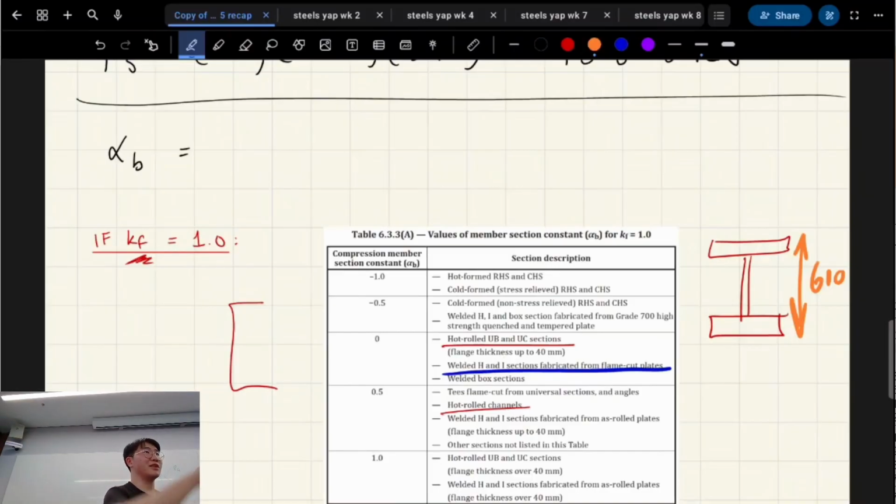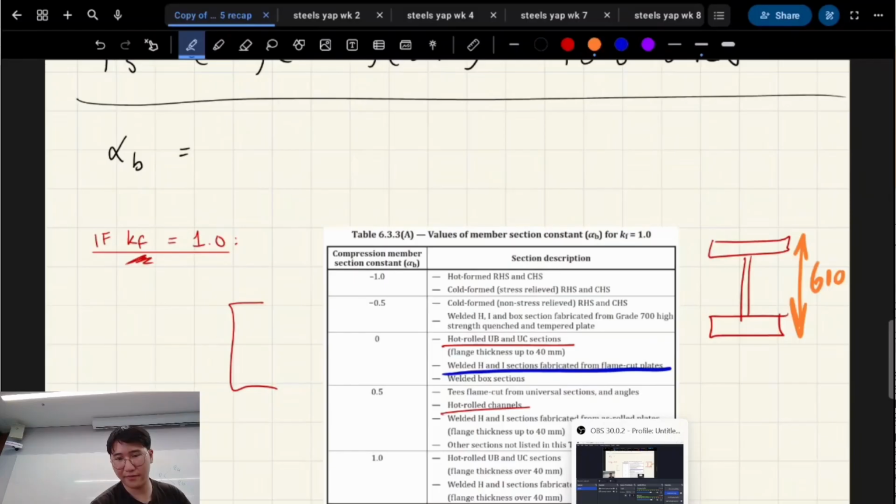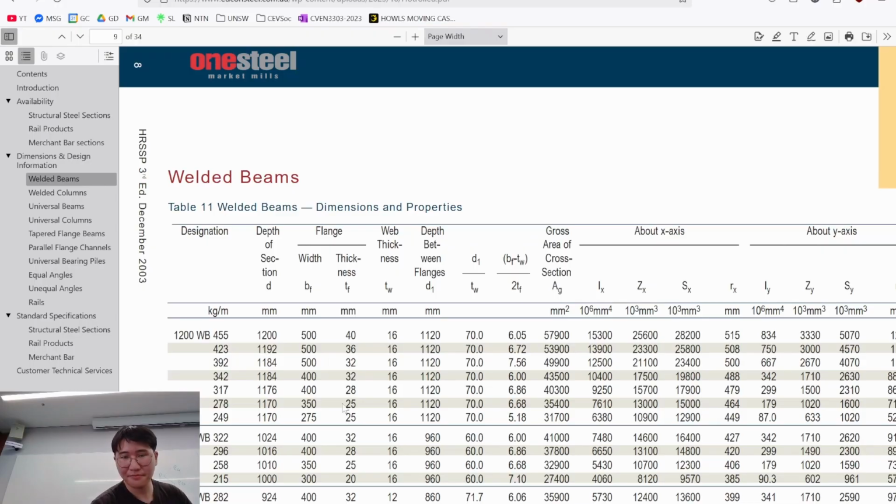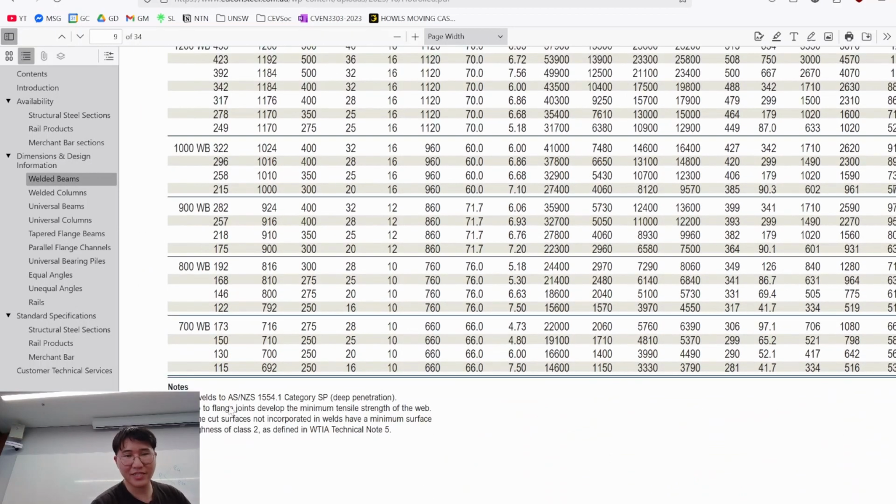You can't be relying on 610 UBs, 610 UCs, right? Welded beams, the smallest they come in is 700s. You only need to go through the effort of making a welded beam if you need something bigger than what the standardized universal columns and universal beams come in, right?